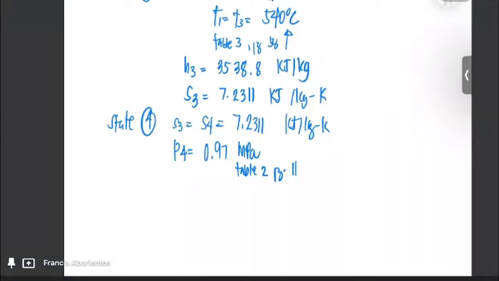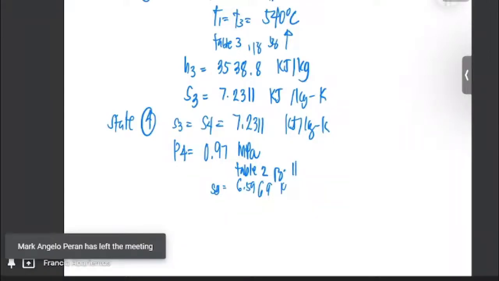So, makikita natin that yung pressure natin at that, the entropy SG sa 0.97, class, that is 6.5969. Mas malaki class yung S4 natin kaysa sa SG.